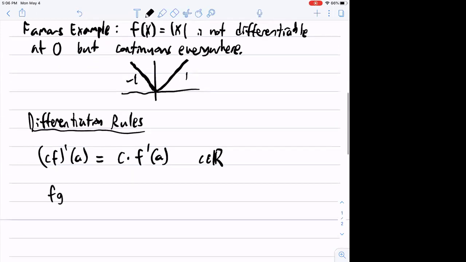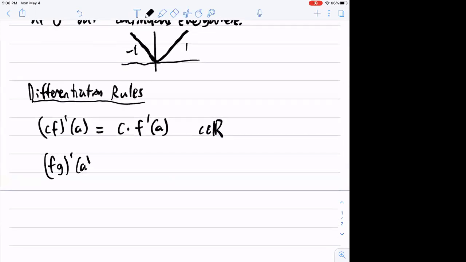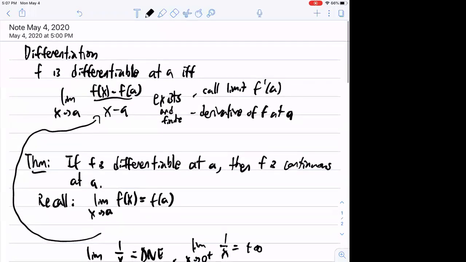And we have the product rule, which is not f prime g prime, right? It's given by this. And hopefully it's clear that it's not f prime g prime, because the thing doesn't split, right?